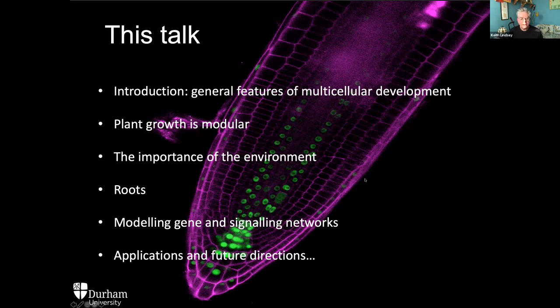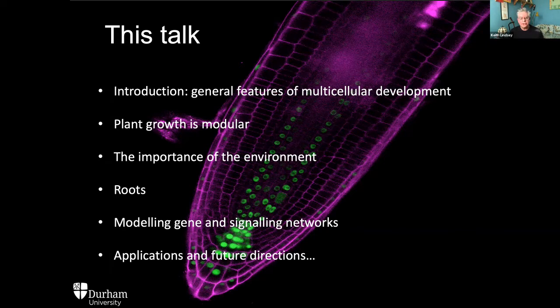I'm going to then move on to talk specifically about roots, something that a lot of people don't talk that much about because they're hidden under the ground mostly. And so it could be considered the sort of hidden half of plants and plant development. Introduce very briefly, some of our work on that. I'm not going to really show any data in this talk at all, more conceptual.